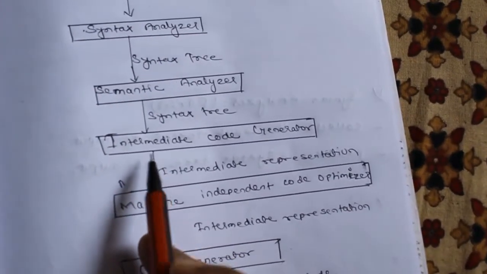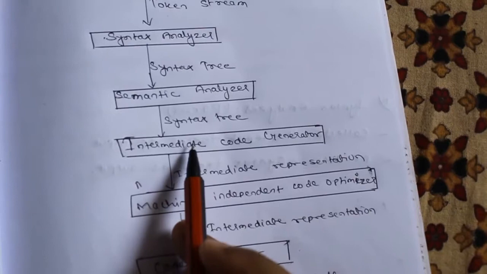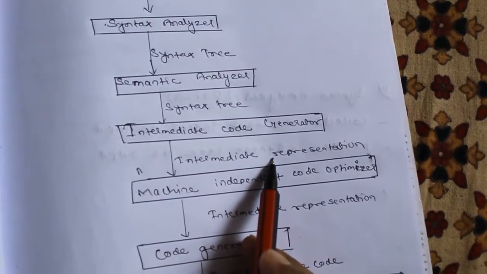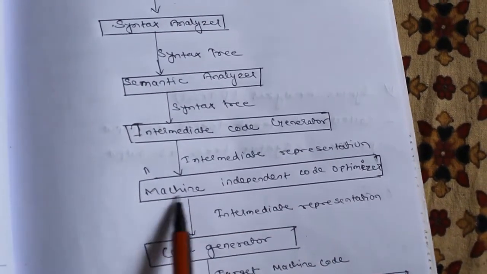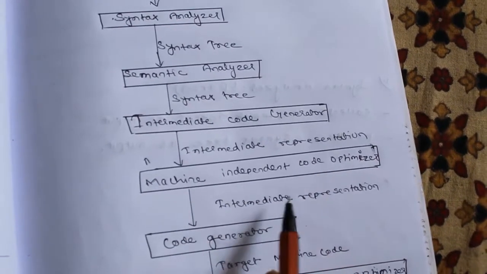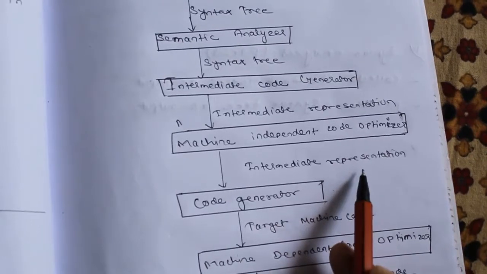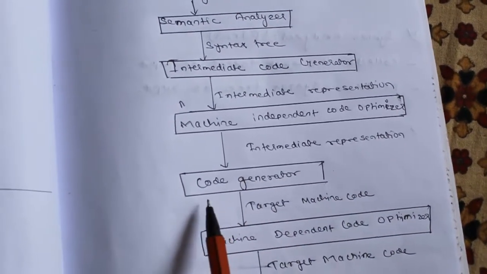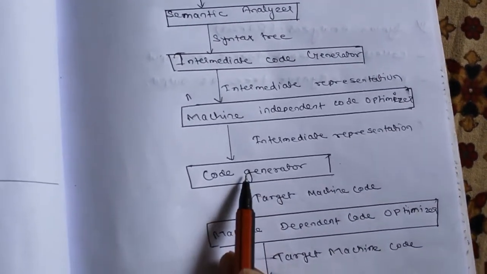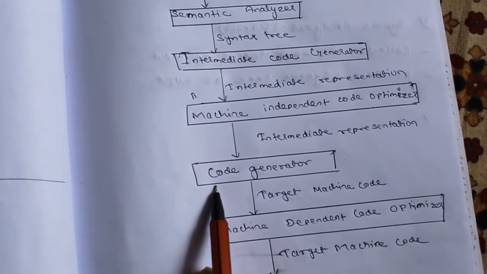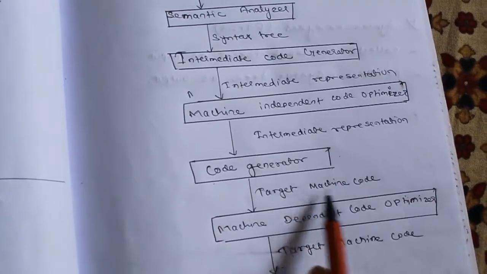That syntax tree is provided as input to the intermediate code generator, which will produce an intermediate representation, and that will be passed to the machine-independent code optimizer for the optimization process. It will again produce the same intermediate representation, which is passed to the code generator, the final phase of the compiler, that will produce the target machine code.